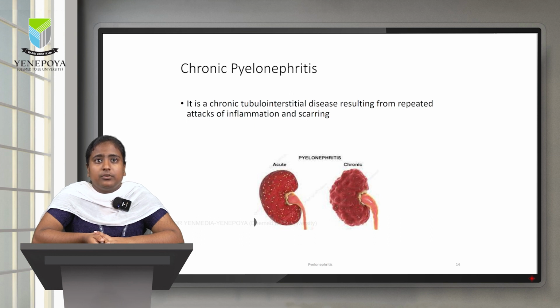It is a chronic tubulointerstitial disease resulting from repeated attacks of inflammation and scarring. So initially in the acute phase there is mild inflammation, and in the chronic phase a lot of scarring will be there, and the kidney will contract.